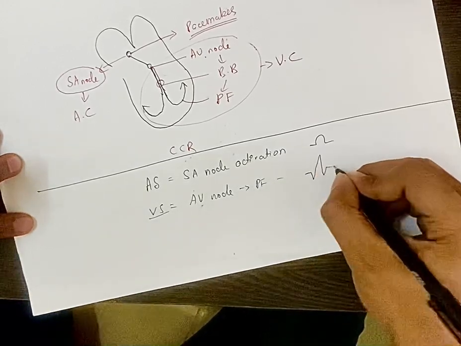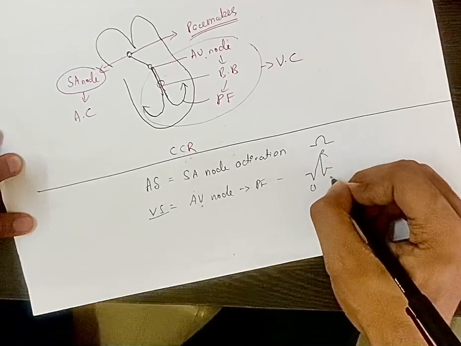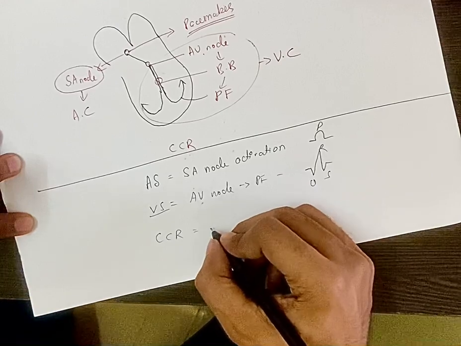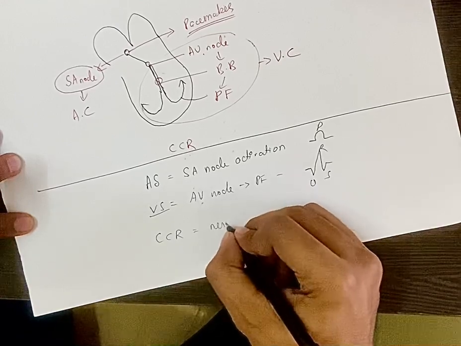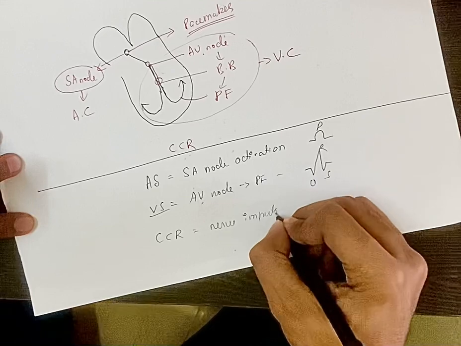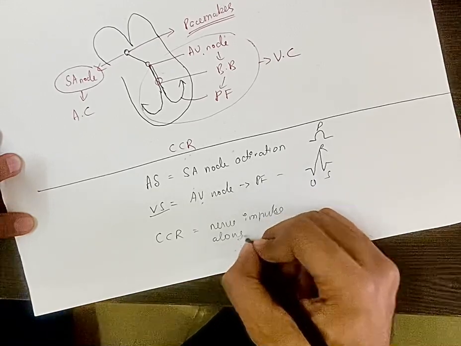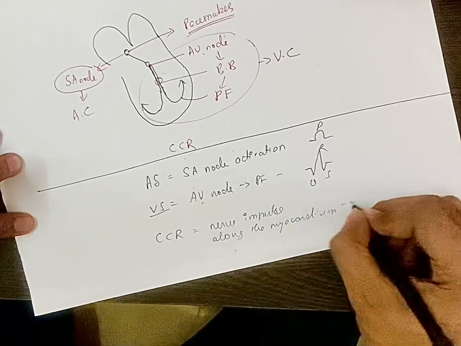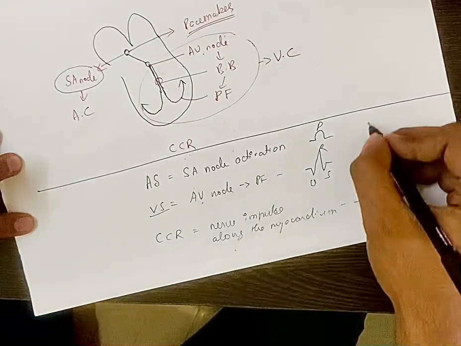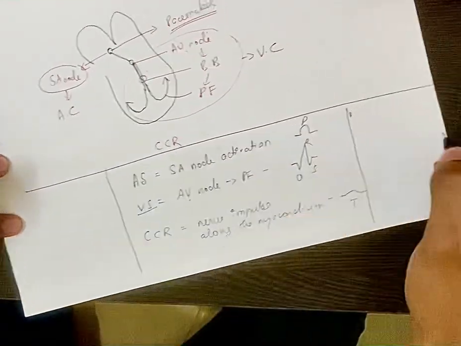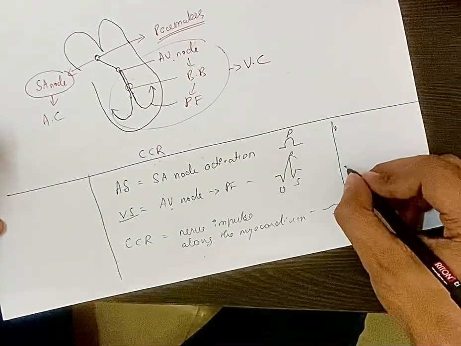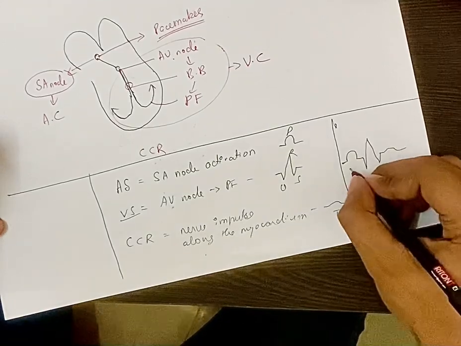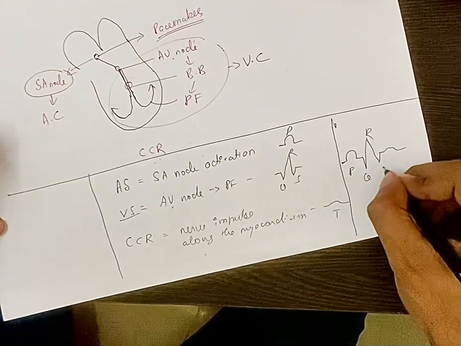Then you have the QRS complex, QRS, and this is P. Then complete cardiac rest occurs when the nerve impulse is spread along the myocardium. Okay, at that time there is the T wave. When you combine all these waves, you will get P, QRS and T. So this is your ECG.